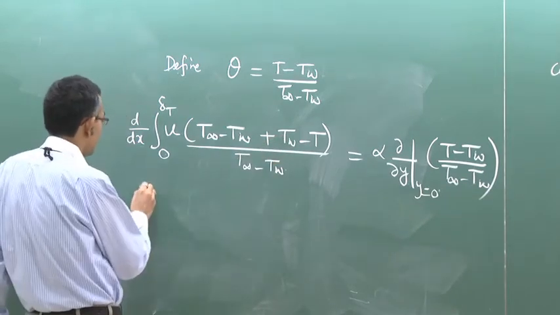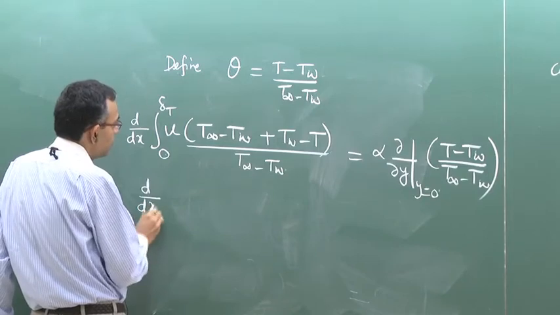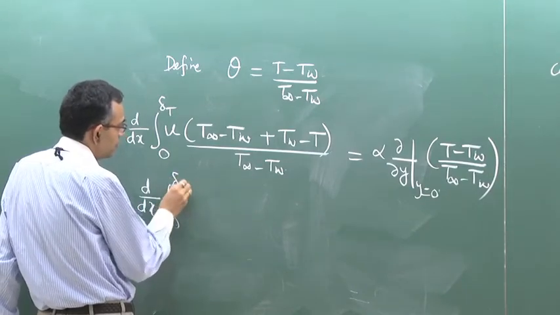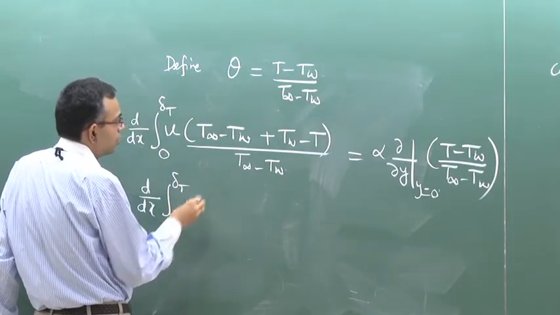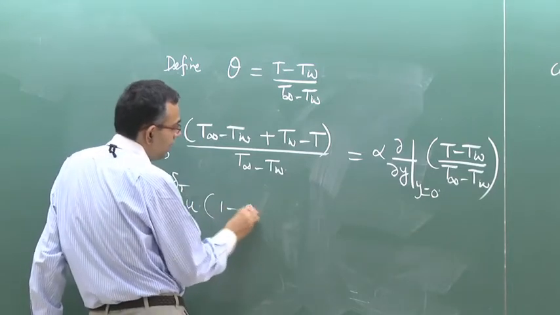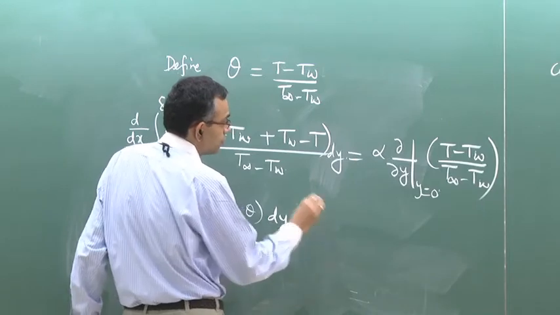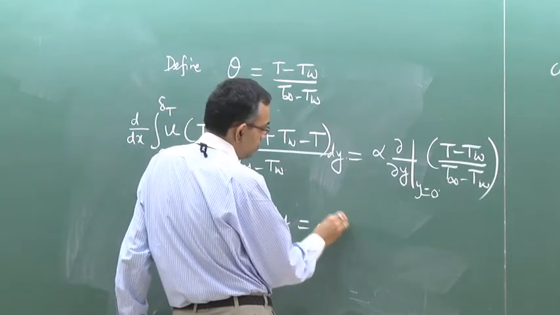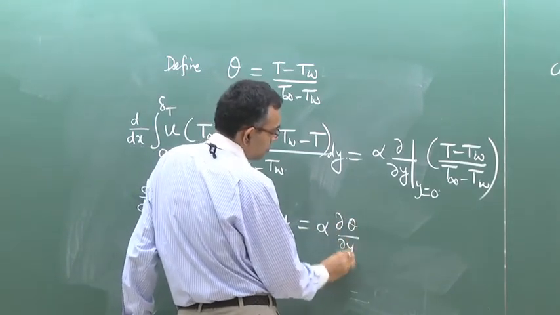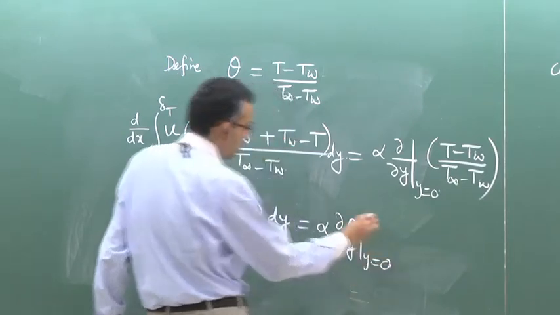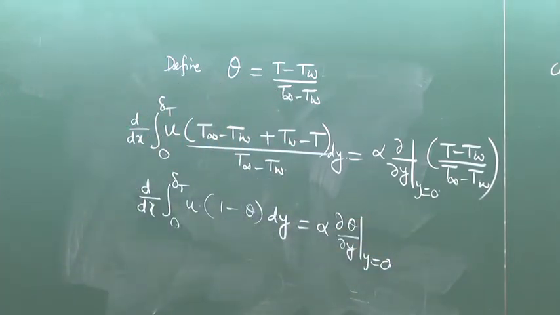So this becomes d dx of integral from 0 to delta T of u into 1 minus theta dy. This is the energy integral equation in terms of the normalized temperature.